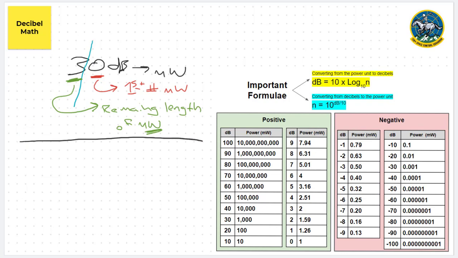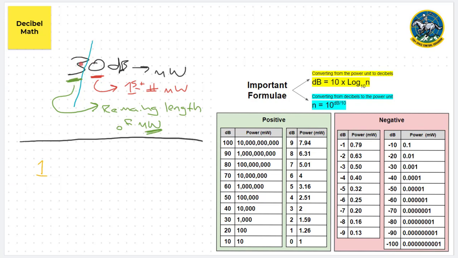First thing I'm going to do is start with the far right number, which is 0, and directly convert this from dB into milliwatts using our chart down here. I can see I've got 0 dB, and that converts to 1 milliwatt. So the first number I'm going to write down is 1. Now, I'm going to look at this number right here.